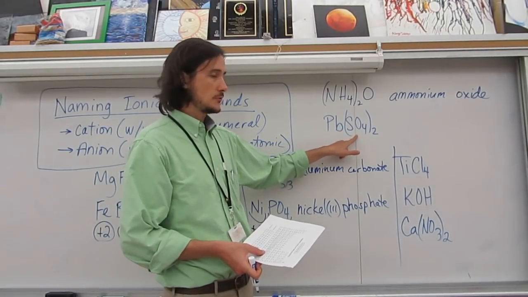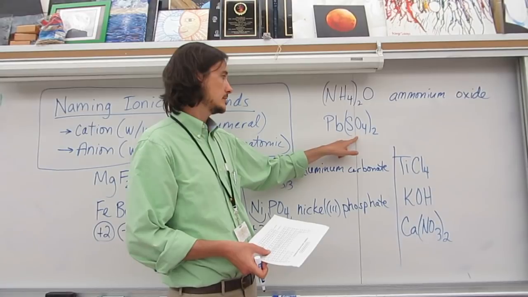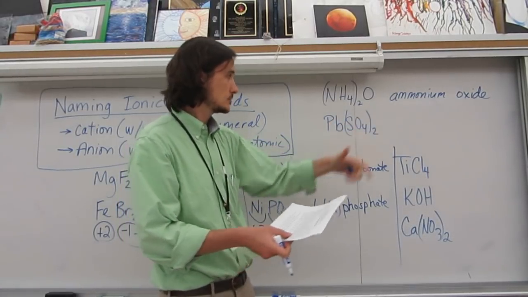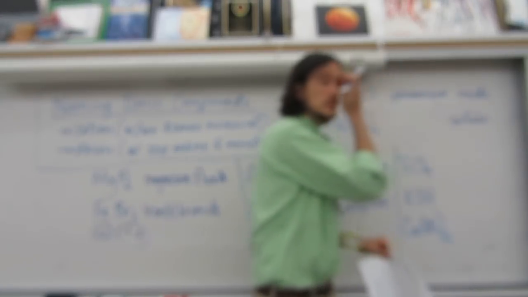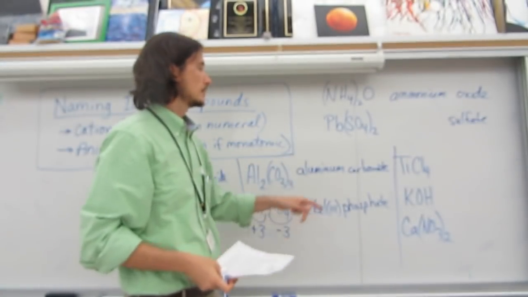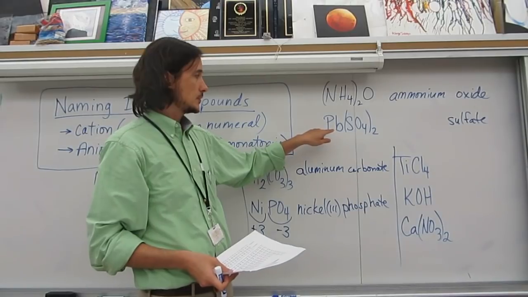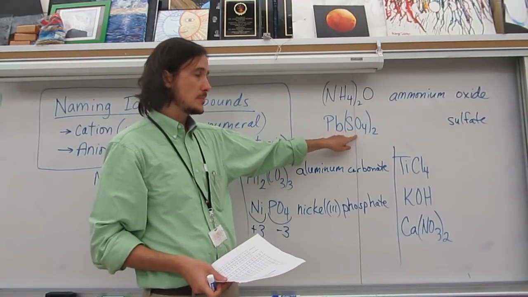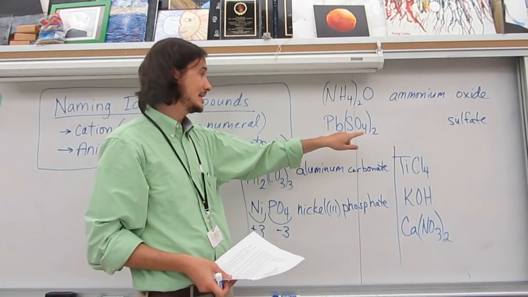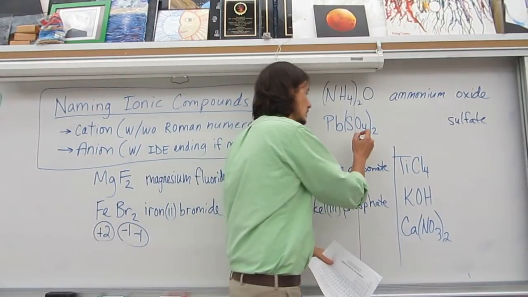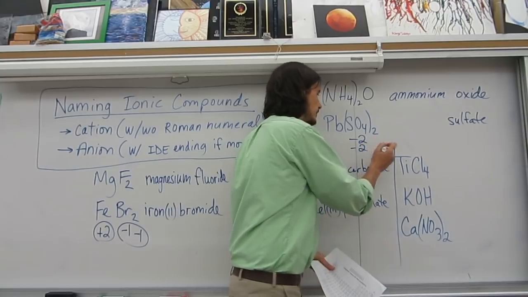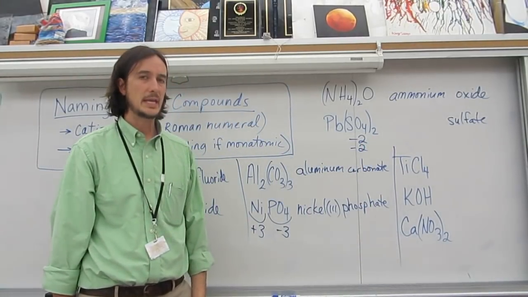Sulfate. Sulfate is the anion. Well, since I know the anion, I could write that right now. I know this is going to end in sulfate. If I'm going to figure out the charge on the lead, I need to remember the charge of the sulfate. Sulfate is -2. I hope you remember. That's -2. And there's 2 of them. So that's a total of -4.